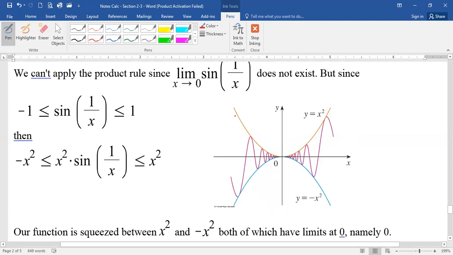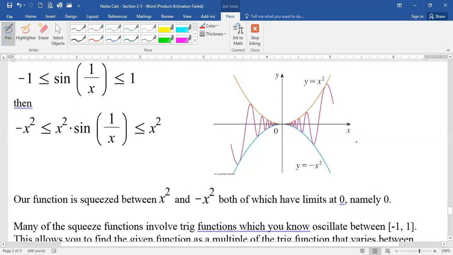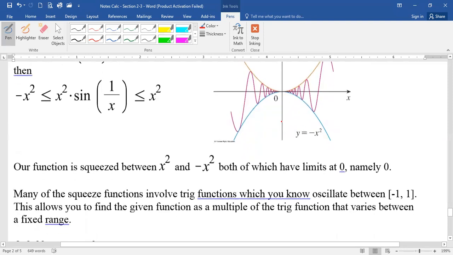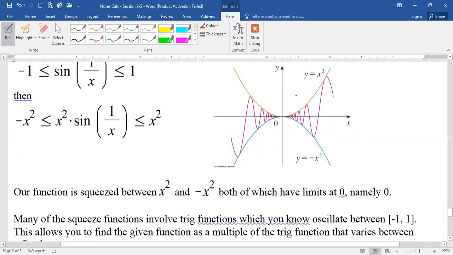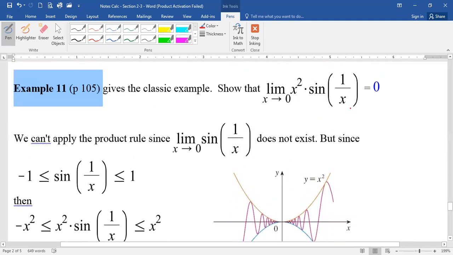Okay, so here's my graph of y equals x squared, here's my graph of y equals negative x squared. Notice what's happening as it approaches 0. It gets squeezed in there. That's why it's called the squeeze theorem. It gets squeezed down to what it's approaching for each of these separately. Our function y equals x squared and our function y equals negative x squared both approach 0 at 0, don't they? Well, the same thing is going to happen for my graph of x squared times sine of 1 over x.